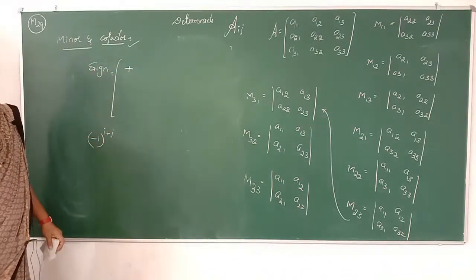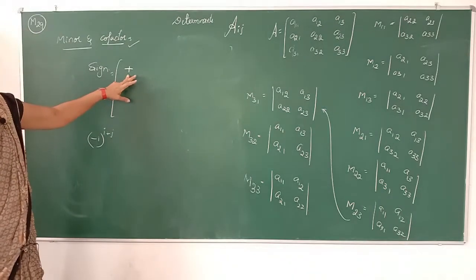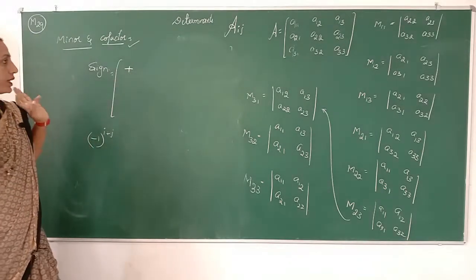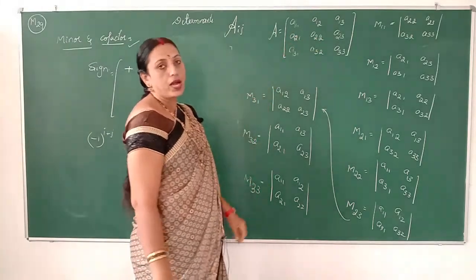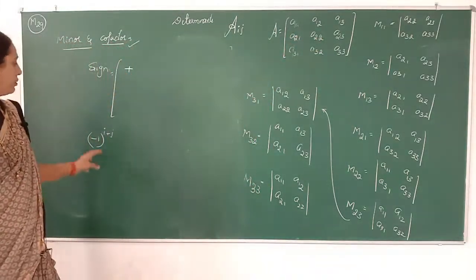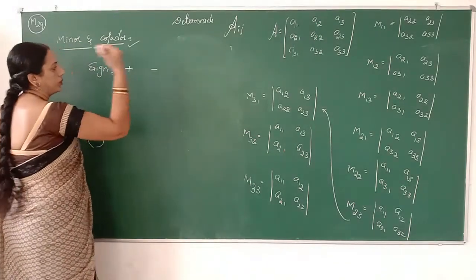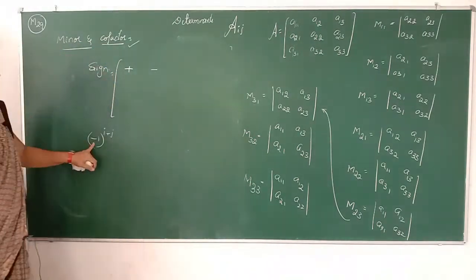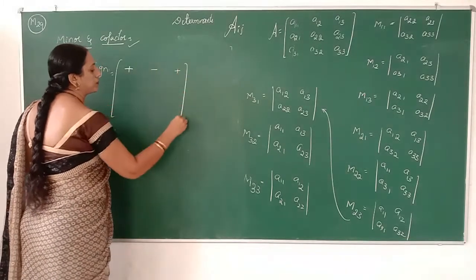Therefore the first sign of the 3 cross 3 determinant is positive. The next one is minus 1 to the power of 1 plus 2, that is 3, and minus 1 to the power of 3 is negative. For the third one, A13, minus 1 to the power of 1 plus 3 is positive.